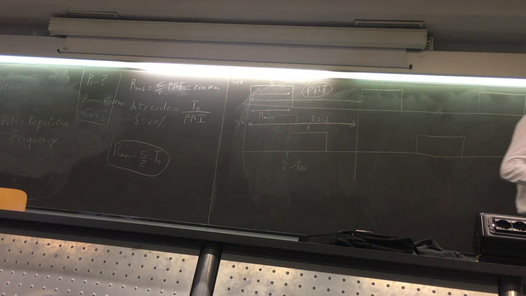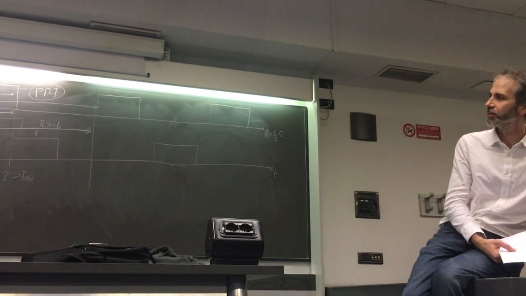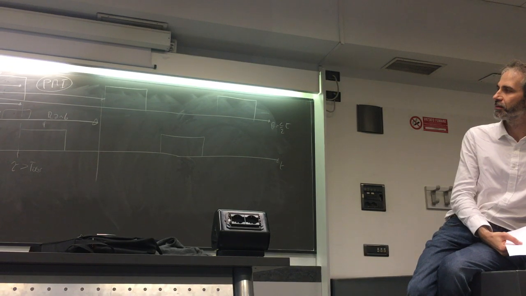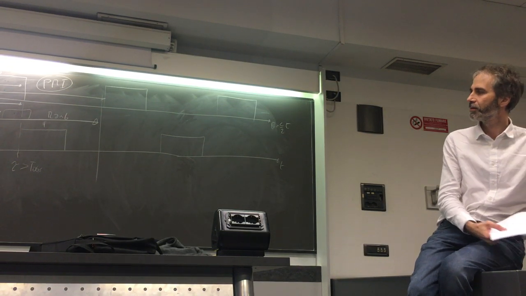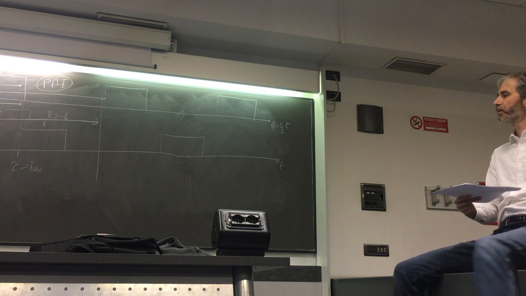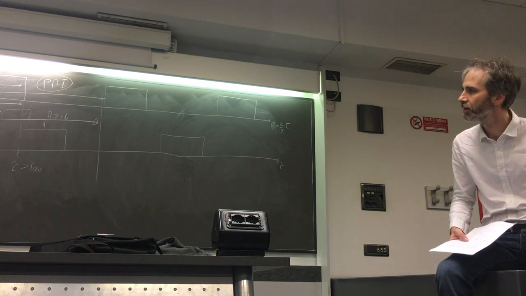You wrote Rmin in the graphic. Shouldn't it be 2 times Rmin, corresponding to the T0, since the signal goes back and forth? Take it again.